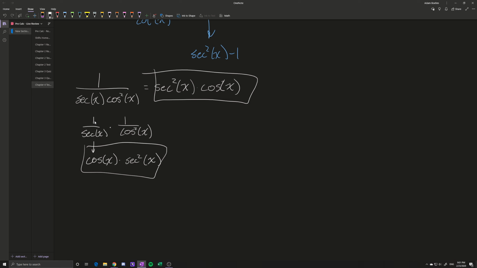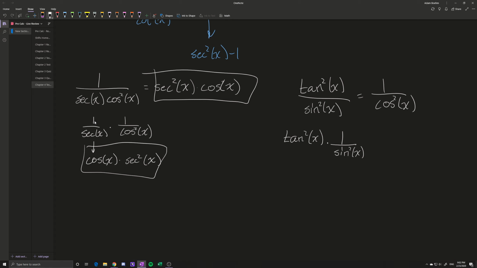Number 2, I actually think for both of these, you don't even need any of the Pythagorean identities. I'm going to rewrite the left-hand side as tan squared of x times 1 over sine of x.